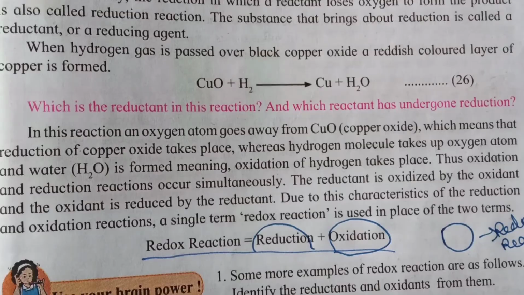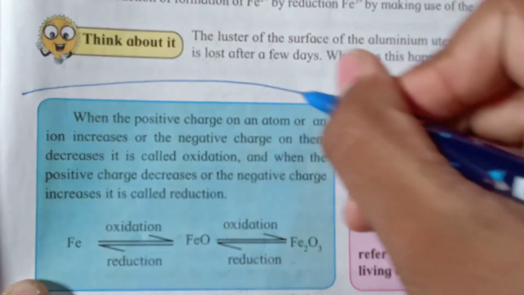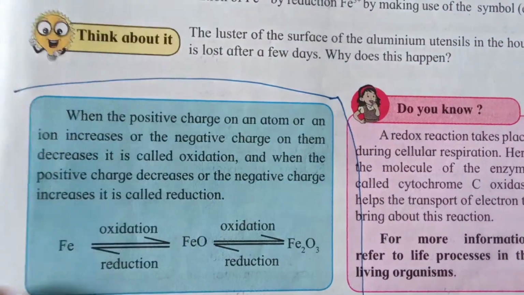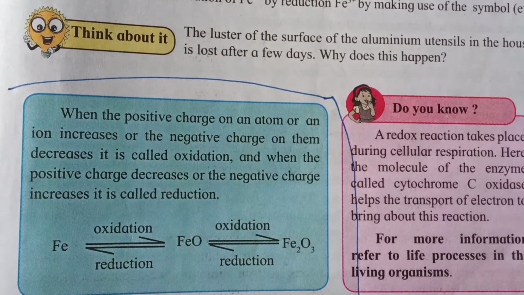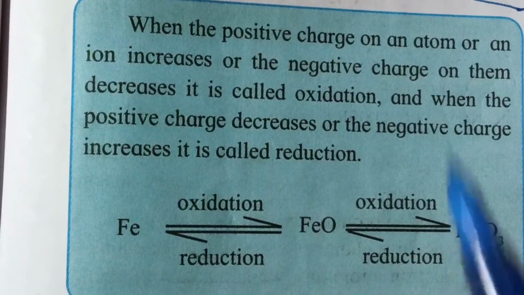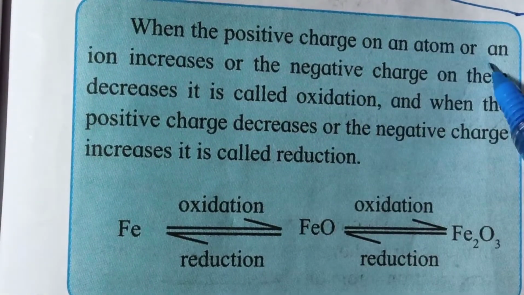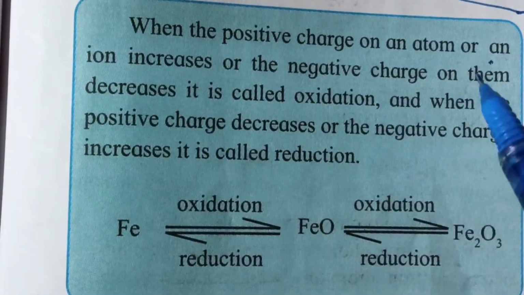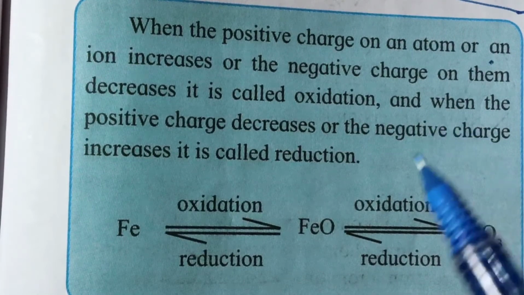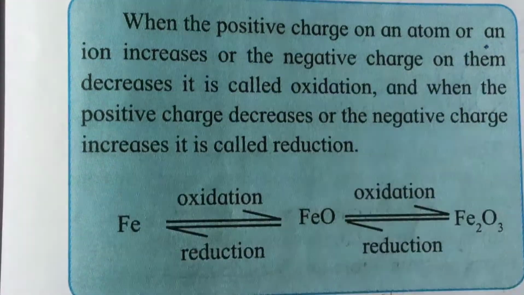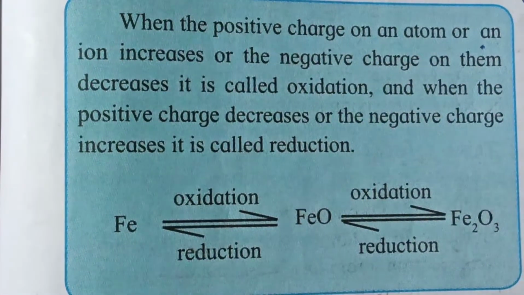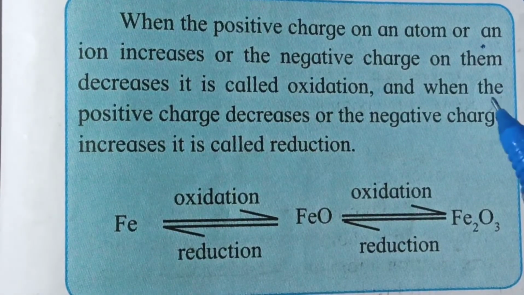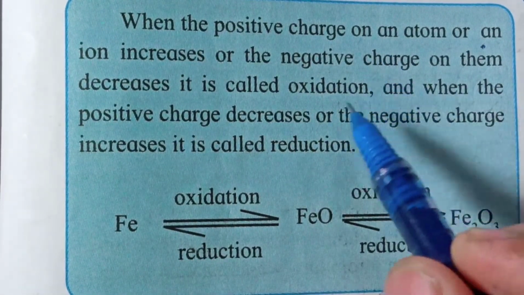Okay, now we'll study the last part of this whole concept and conclude our session. This is the part you have to mainly focus on. It says that when the positive charge on an atom or an ion increases, or the negative charge on them decreases, it is called oxidation. I'll repeat again: when the positive charge on an atom or an ion increases or the negative charge on them decreases, it is called oxidation.